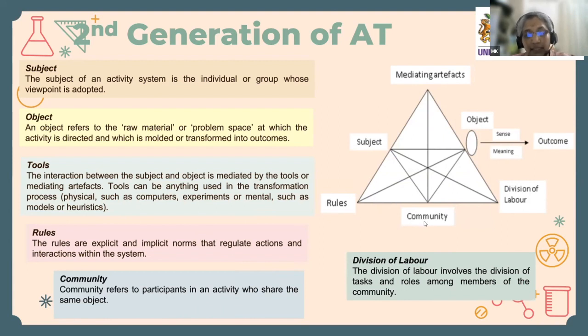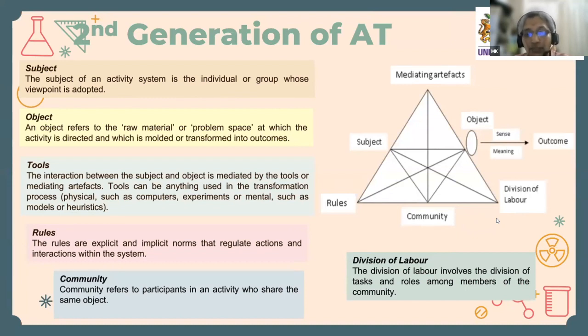Community can be the teachers, can be the lab. We have lab assistants in our system, whereby the lab assistant will participate with the students in designing and also performing the activity. Division of labor: each and every community member, the students, are assigned a task.